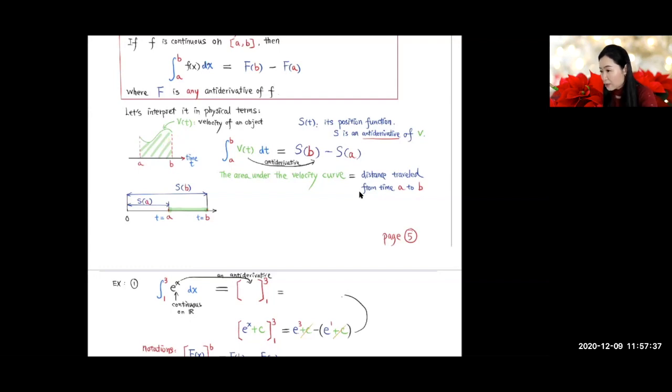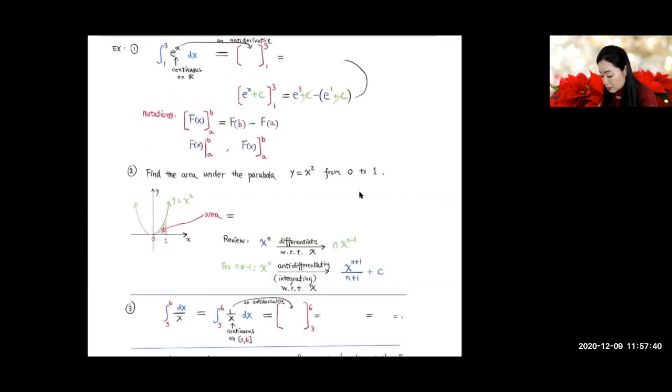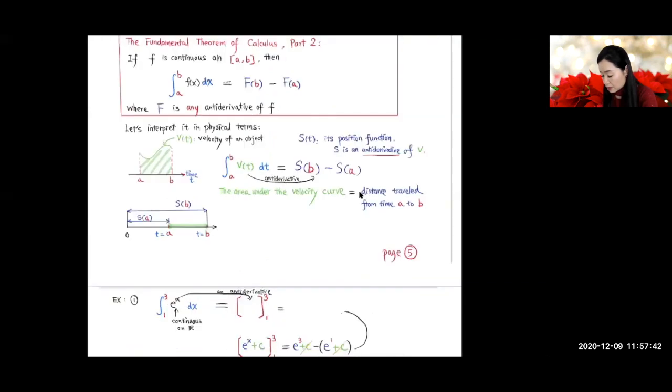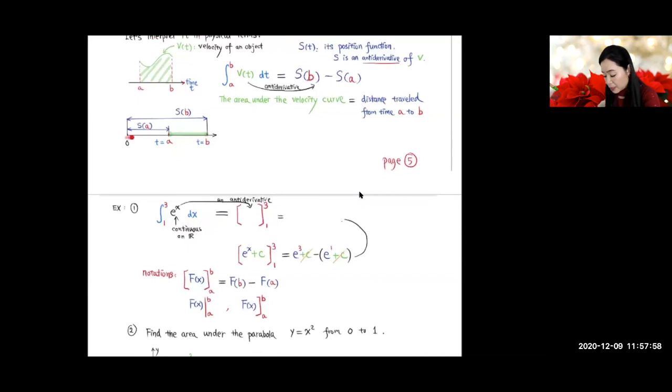Well, the distance traveled from a to b is the change in the position, so that's s(b) minus s(a). That's the distance traveled.